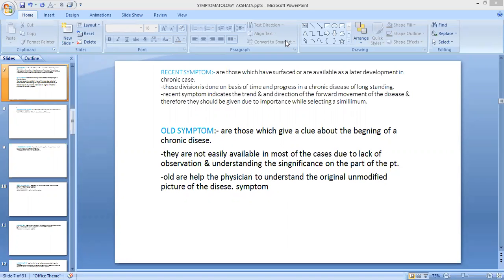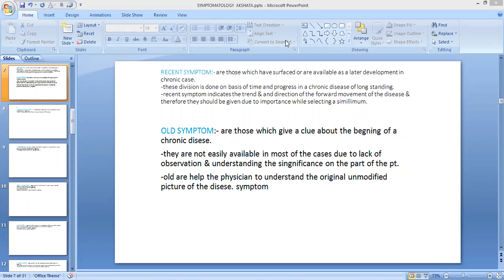And how the disease condition starts, how it progresses. With these symptoms, we are able to understand the progress of the disease, and how the disease begins.